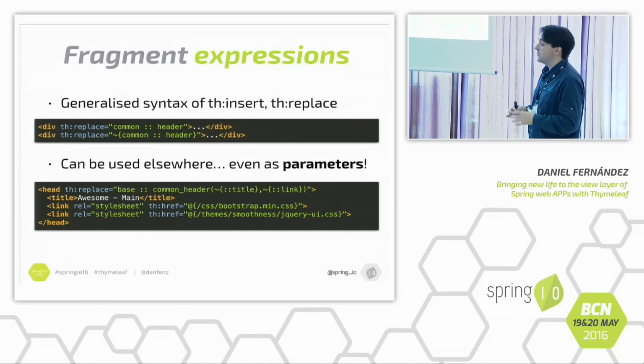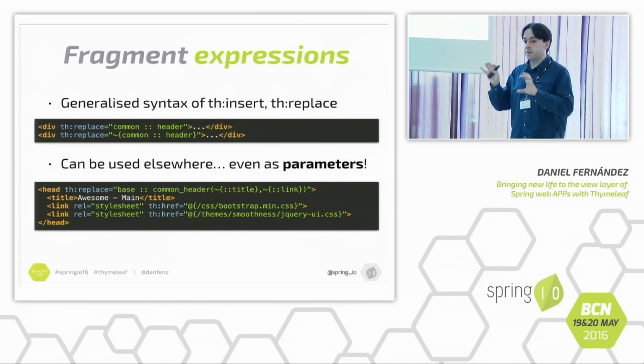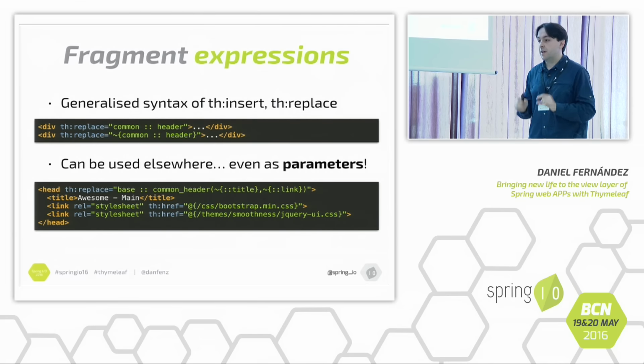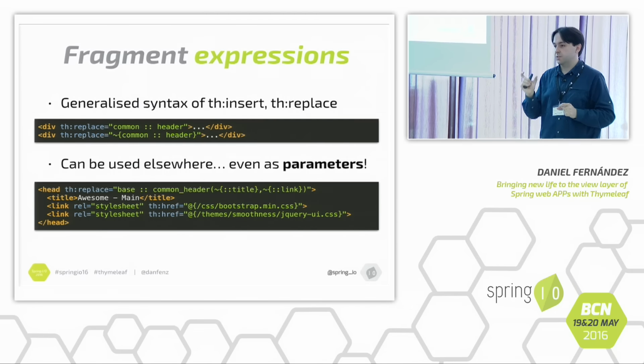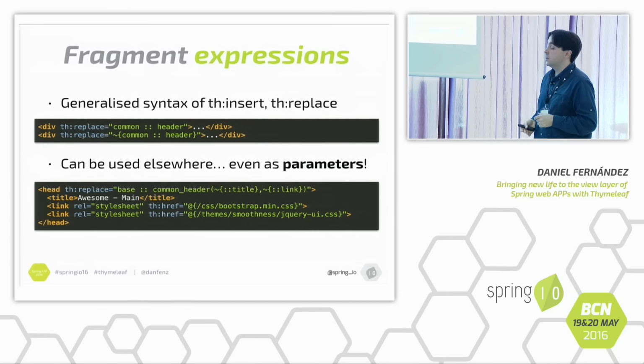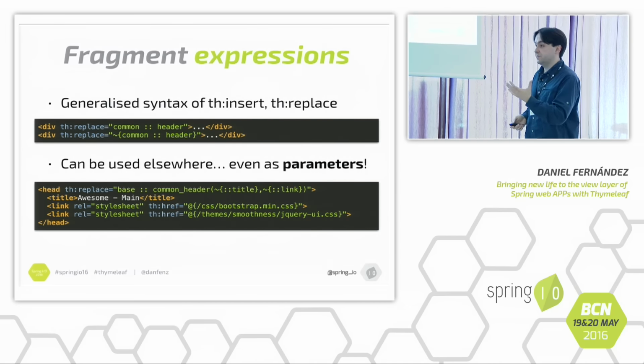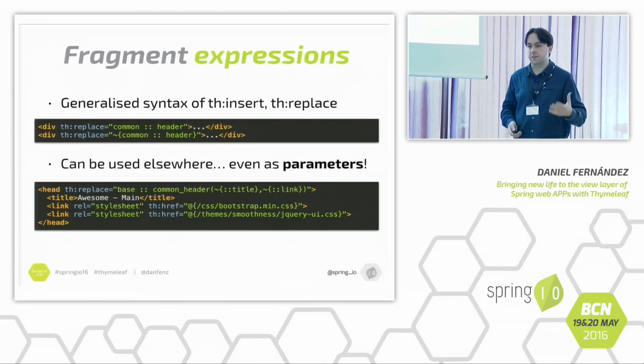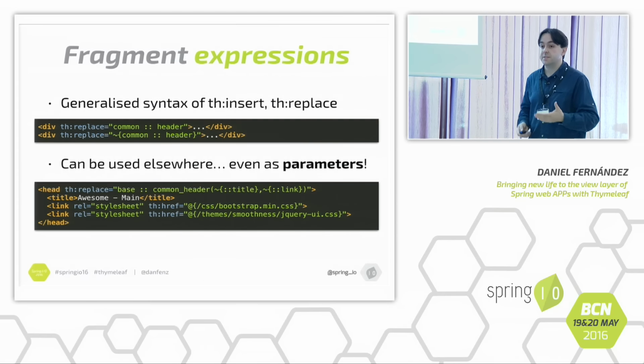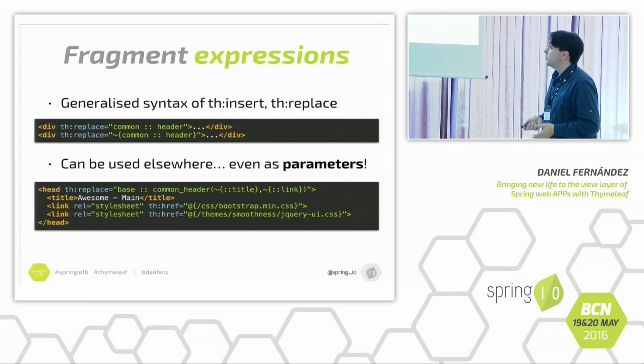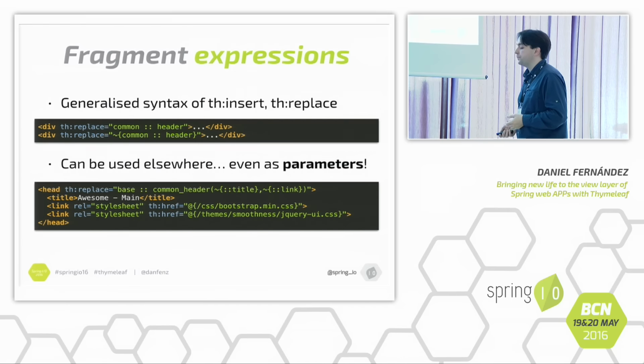So now you can have common pieces of fragment that you can use in all your applications, and you can customize them by passing them other fragments of HTML. For example, in a header, you might pass the specific JavaScript files that you need for that template, or the specific styles, etc. That is something that until now you could only do with the layout dialect. You can do it now out of the box. Okay.